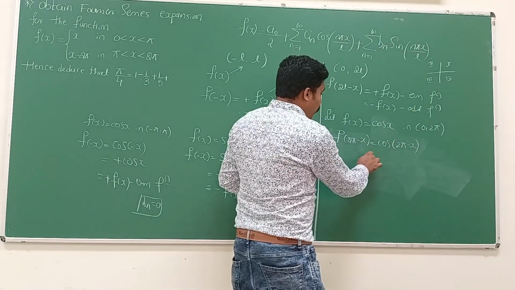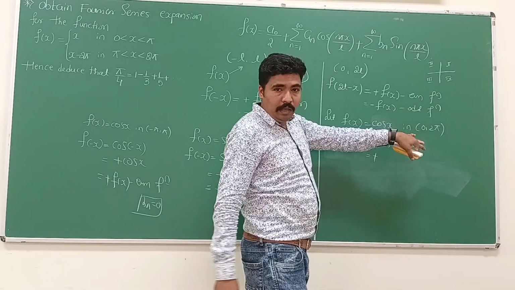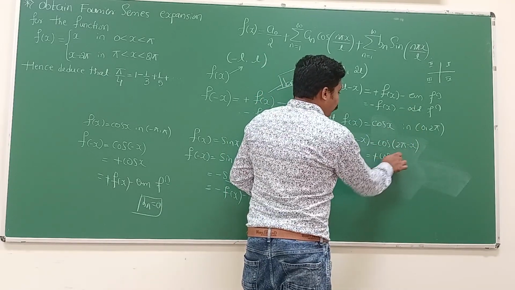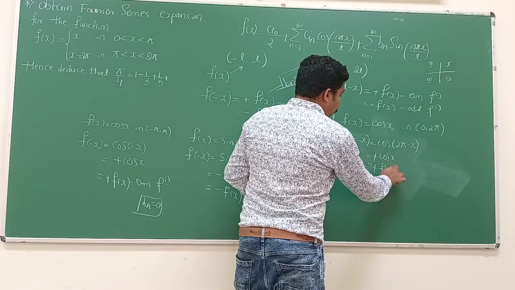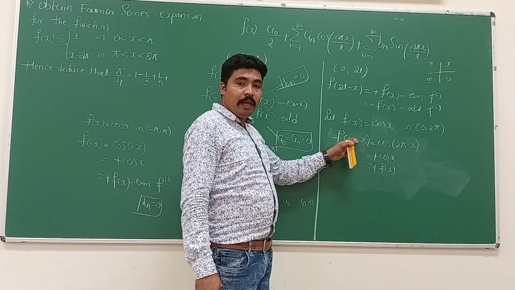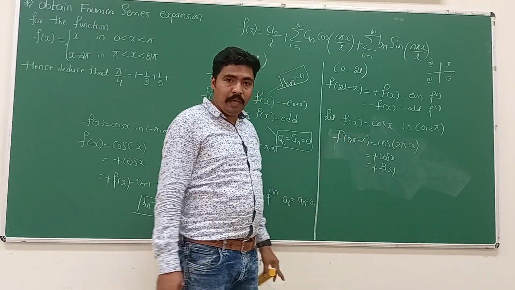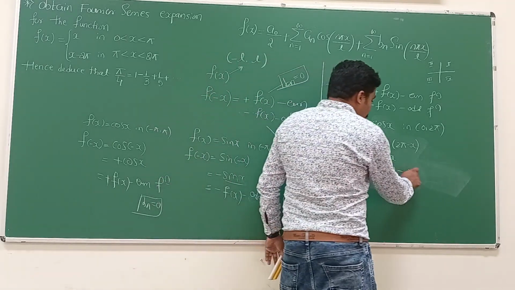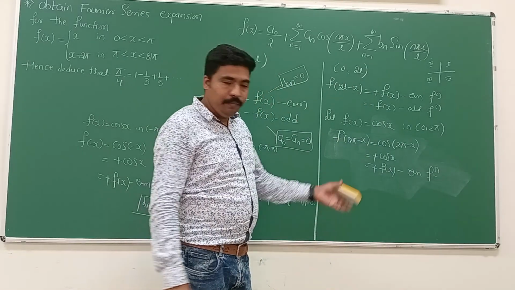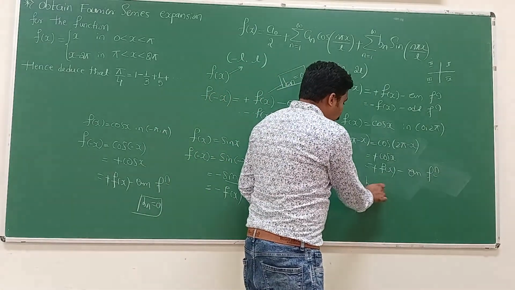So it becomes plus, and cos of 360 minus theta is cos theta itself. So it is cos x, which is plus f of x. After replacing x by 2 pi minus x, I am getting positive of f of x. Therefore it is called an even function. For an even function, bn should be 0.